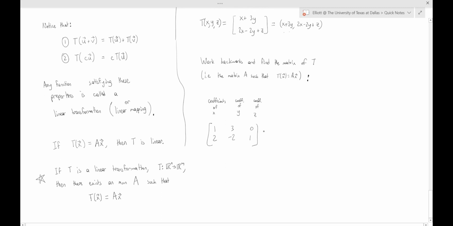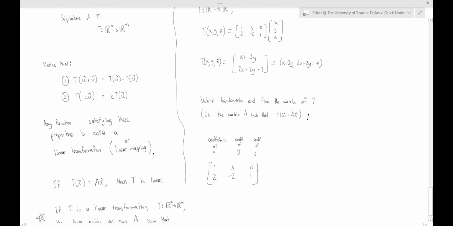So then this matrix here that our transformation multiplies the input by, this matrix is called the matrix of the transformation T. And so you might see this notation for that sometimes.